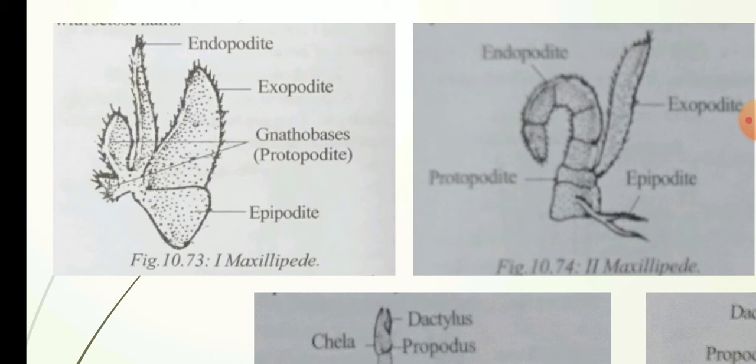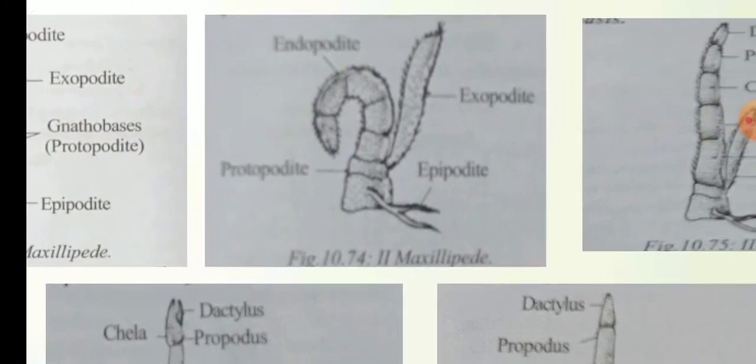No need to remember the names, just remember it is made up of 5 podomeres or 5 segments, whereas the epipodite is conical or lobe-shaped. Next is the second maxillipede, which forms the second thoracic appendage. It is found on the 7th segment of the prawn, and it is biramous, that is bifurcated into two.